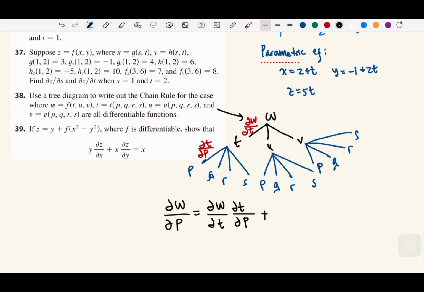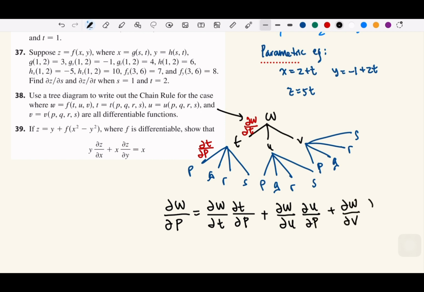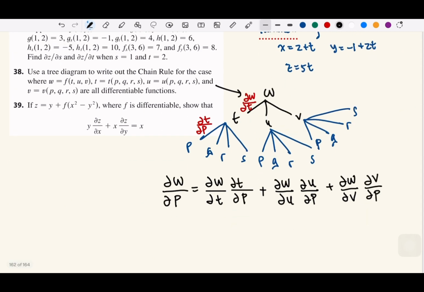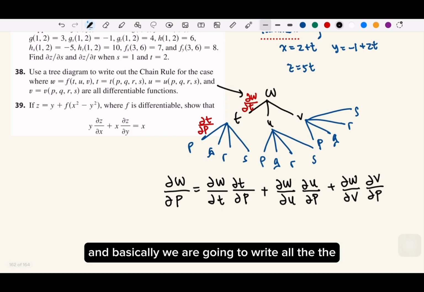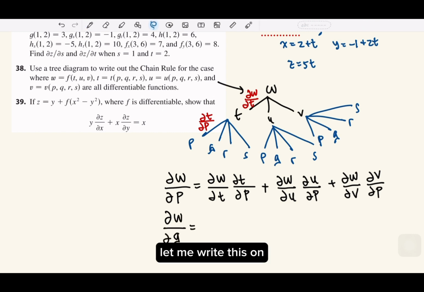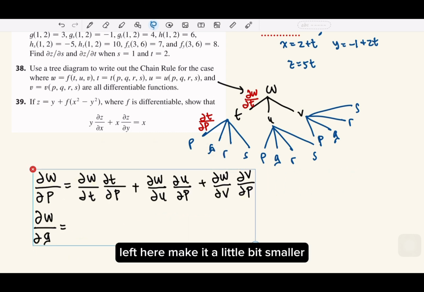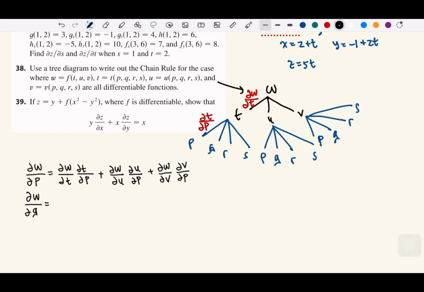And then plus, this will be W_u, and then W_u, W_p, and then plus W_phi, W_p, W_p. Okay. Basically, we are going to write all the same thing with W_q. Let me write this on the left here and make it a little bit smaller. So this will be W.